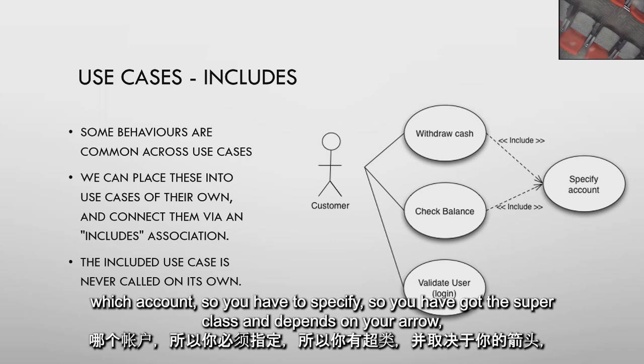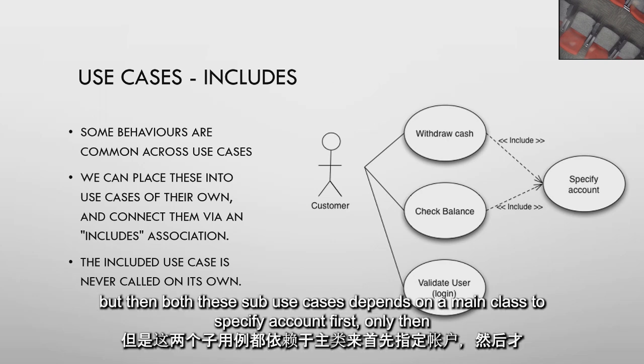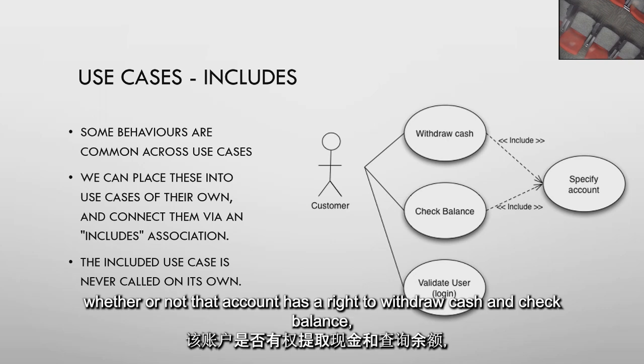So you have got the superclass, and depending on your arrow, you have got your base classes. A customer will want to withdraw cash and check balance, but both these sub use cases depend on a main use case to specify the account first. Only then do you see whether or not that account has a right to withdraw cash and check balance.